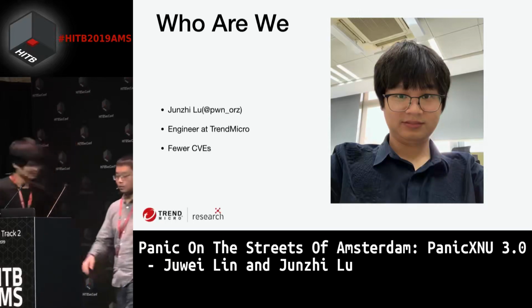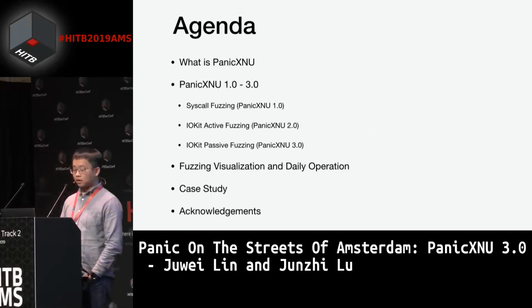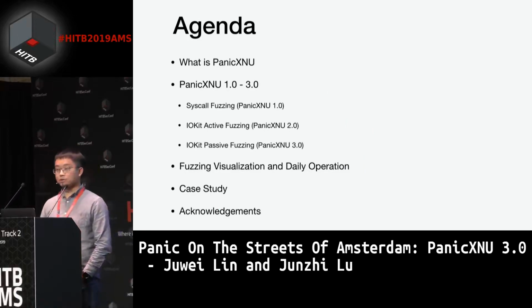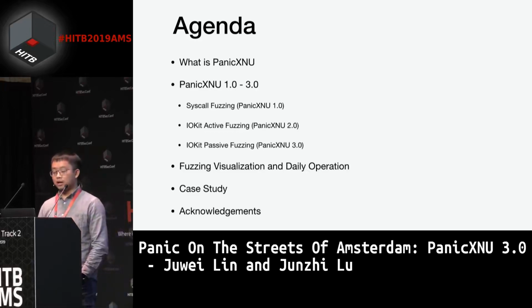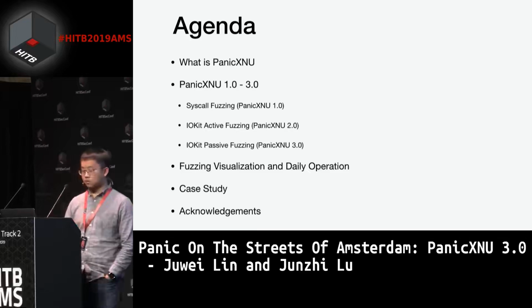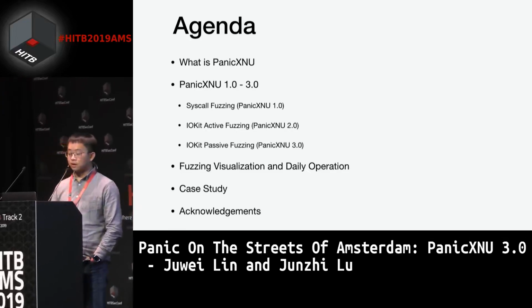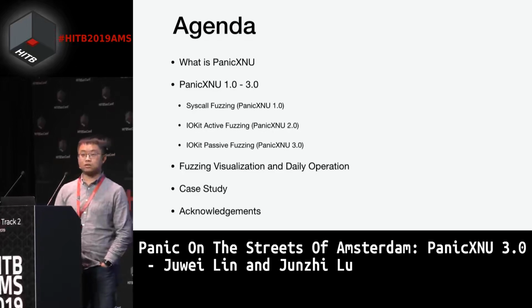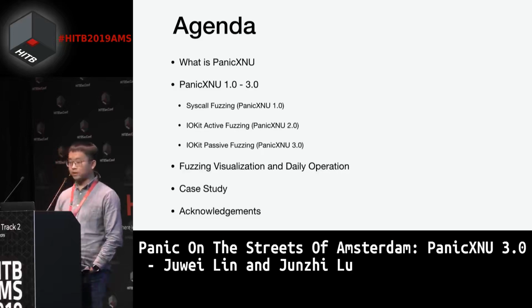Thank you. Okay. This is today's agenda. In the first part, I will introduce what PanicXNU is, and the second part covers PanicXNU version 1 to version 3. Version 1 is about syscall fuzzing, which I presented at last year's Black Hat EU.